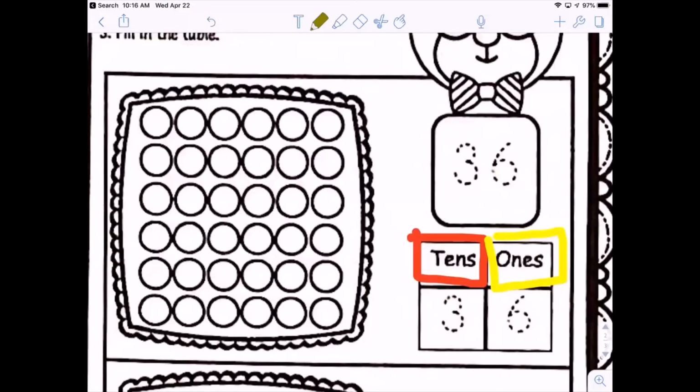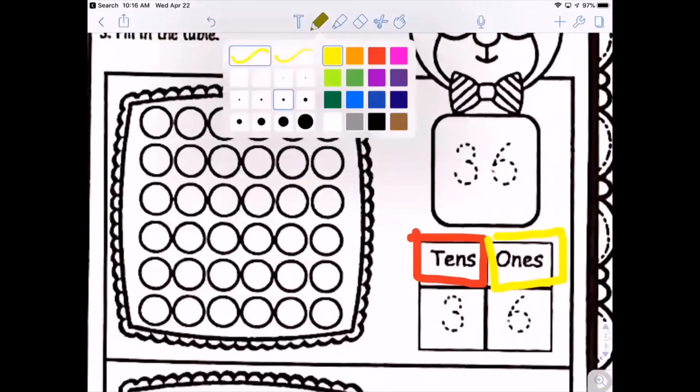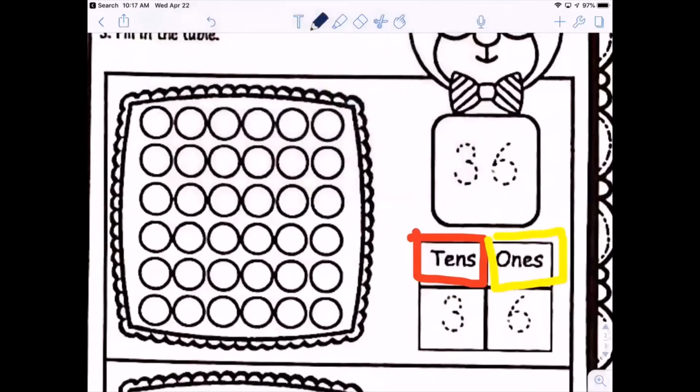Now I'm going to circle my groups of 10. Okay. 1, 2, 3, 4, 5, 6, 7, 8, 9, 10. So this is one group of 10.